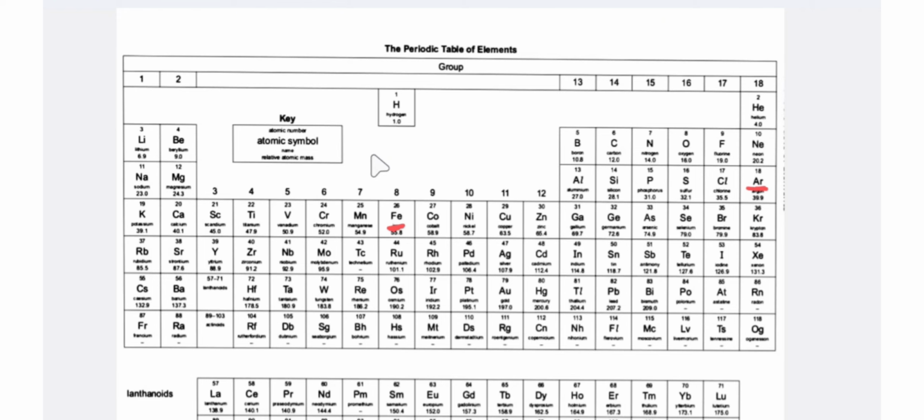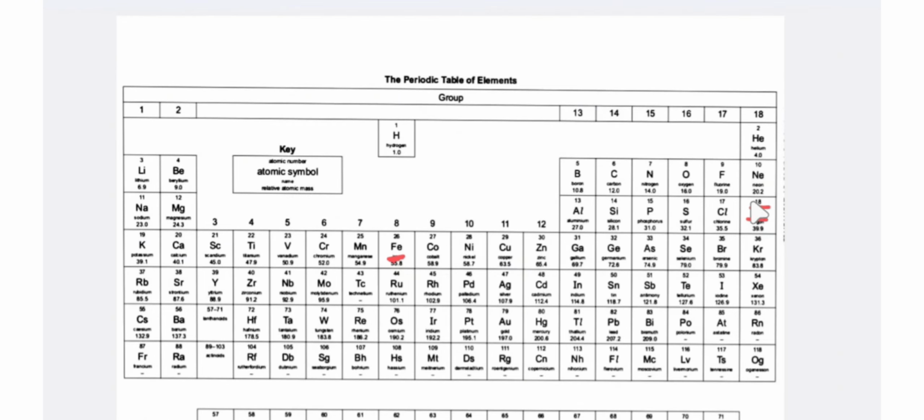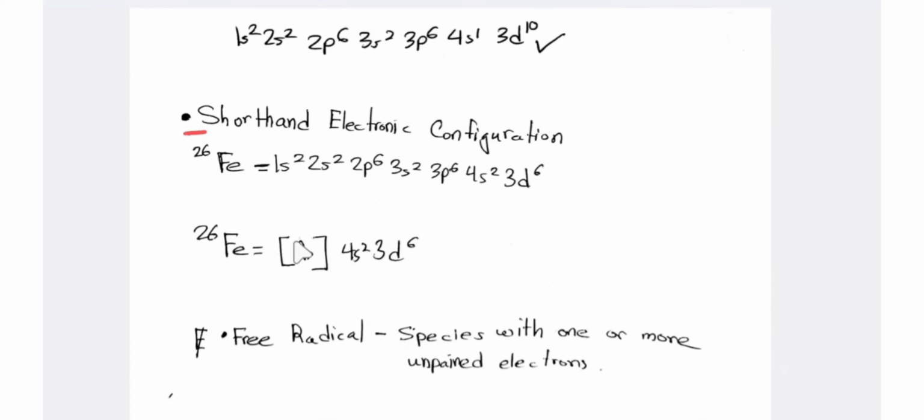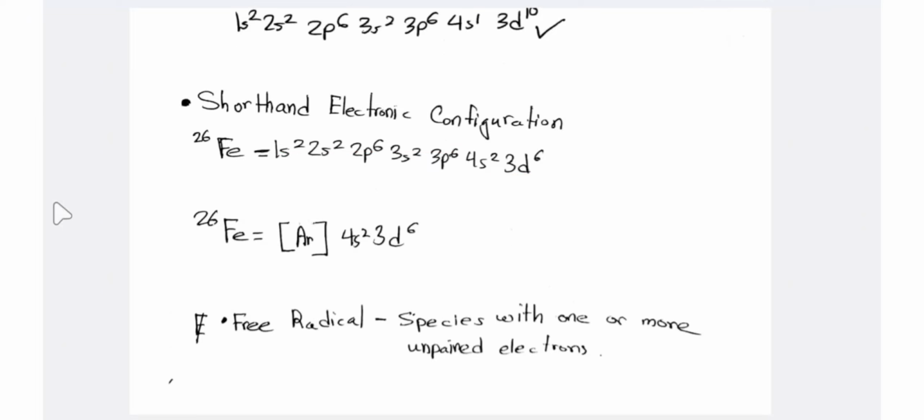Argon has 18 electrons, so we don't need to write those 18 electrons in order. Instead, we write argon, and then 4s2 3d6. This is our shortened electronic configuration.